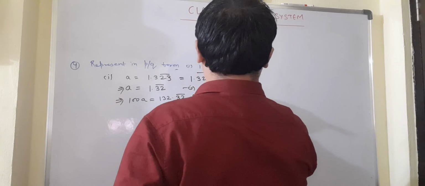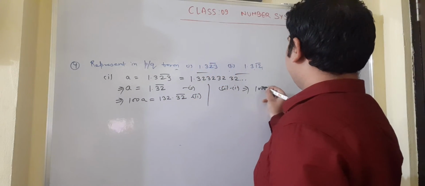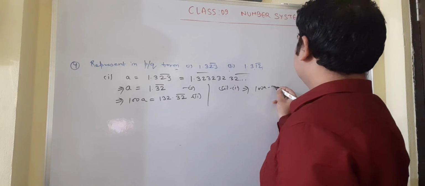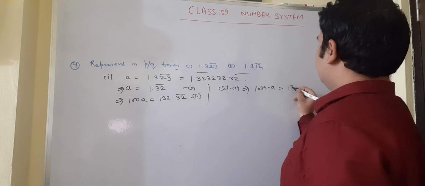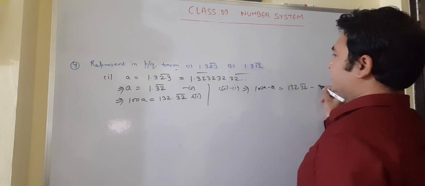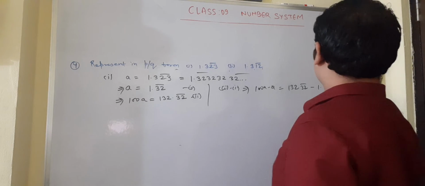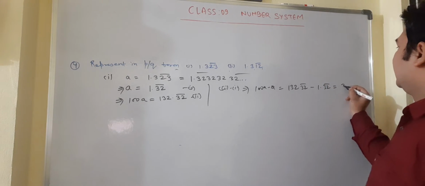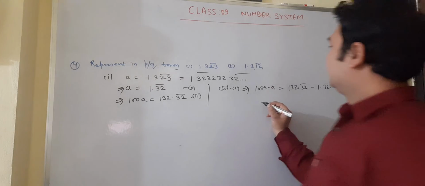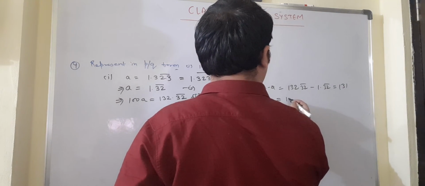2 minus 1, you will get: 2 minus 1 will imply what? 100A minus A equals to 132.32 bar minus 1.32 bar. So this will be your 131 and this is 99A. So the value of 99A is 131.